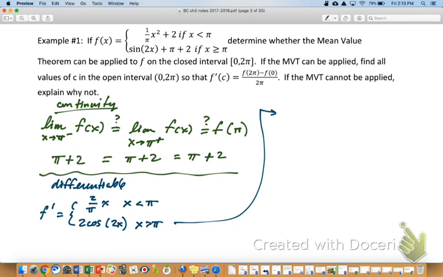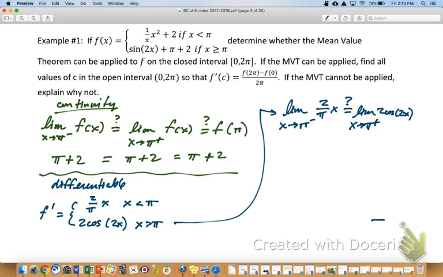So, to check the differentiability, we need to use limits again. We'll go limit as x approaches pi from the left of the left piece, 2 over pi times x, and maybe that's equal to the limit as we approach pi from the right of the other piece, and that's 2 cosine of 2x.